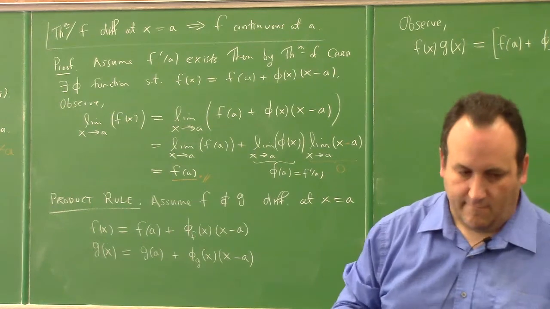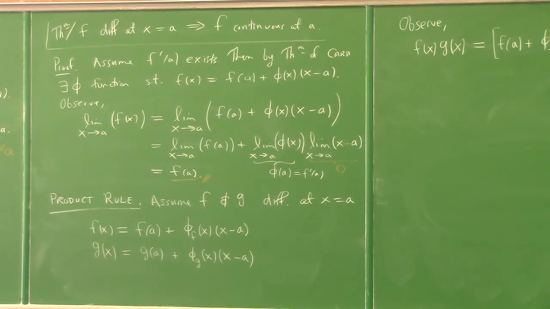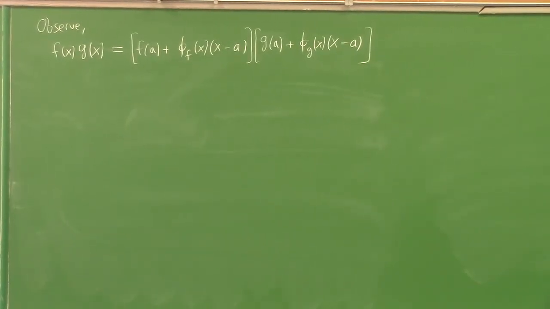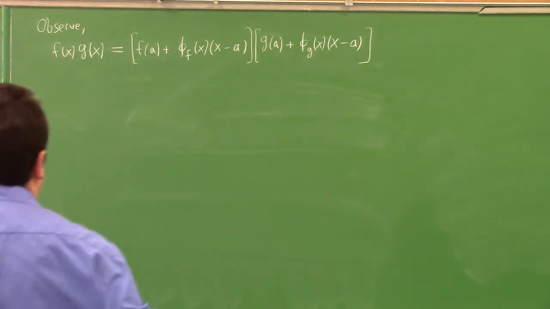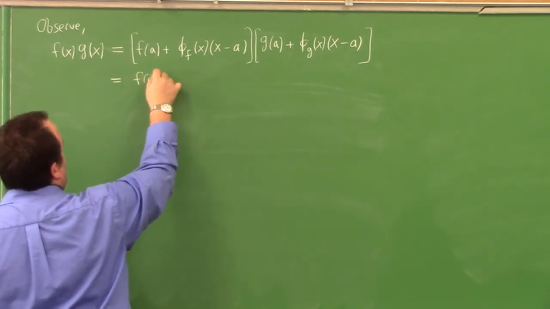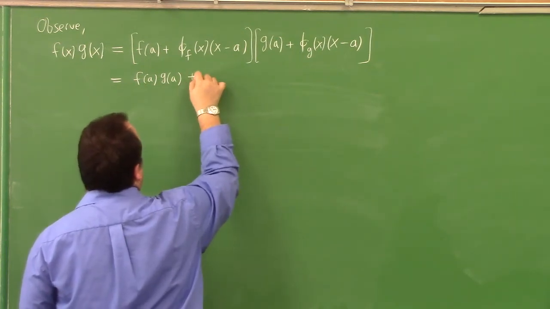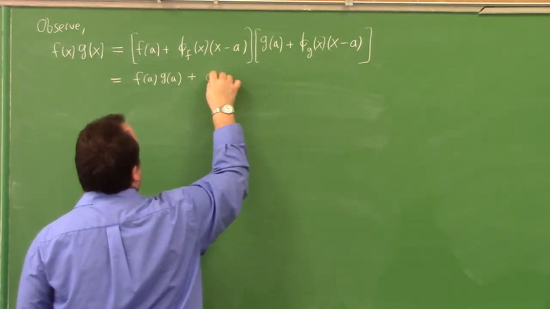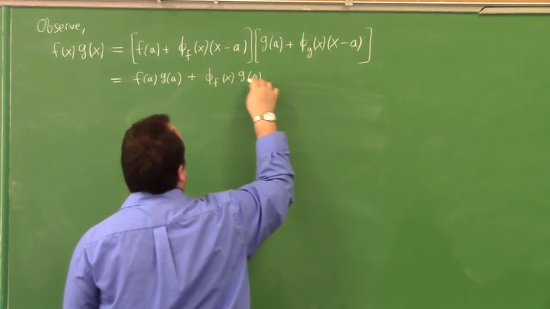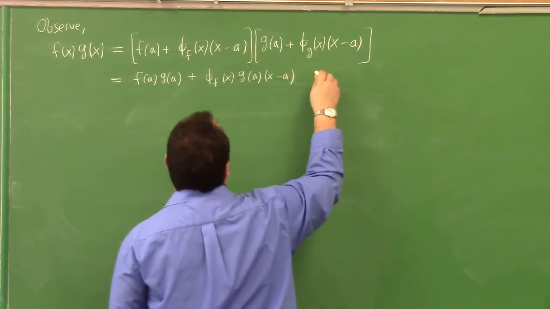What do you get? We get f of a, g of a, and then plus phi f of x times g of a times x minus a. I'm going to put the x minus a terms last, okay?